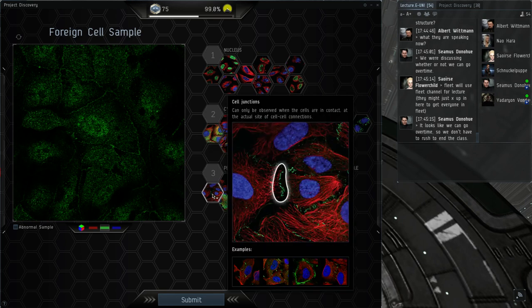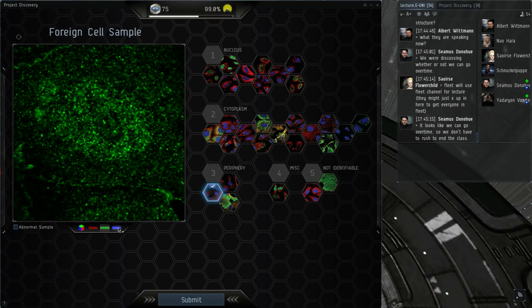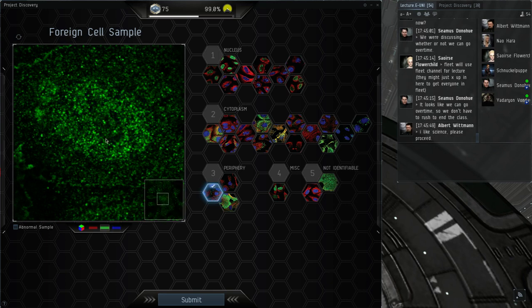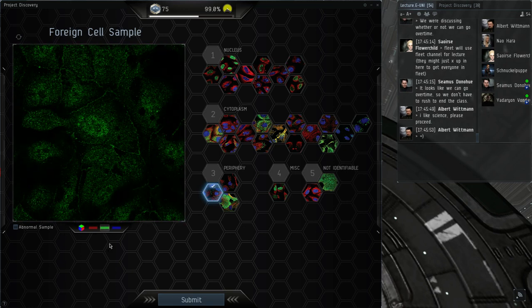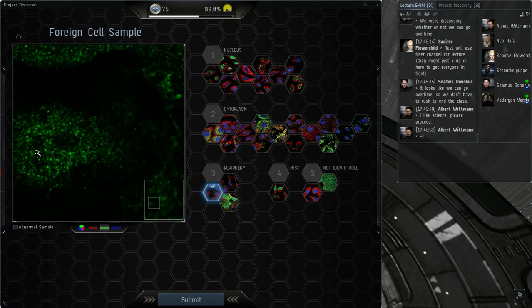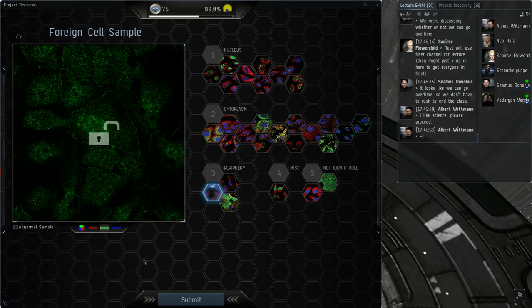So let's click cell junctions, and let's click, well, is this nucleus or is this nucleoplasm? In green, I guess you can tell that this is nucleoli. And also here, you can see this nucleoli here. So I will choose nucleoplasm and cell junctions.